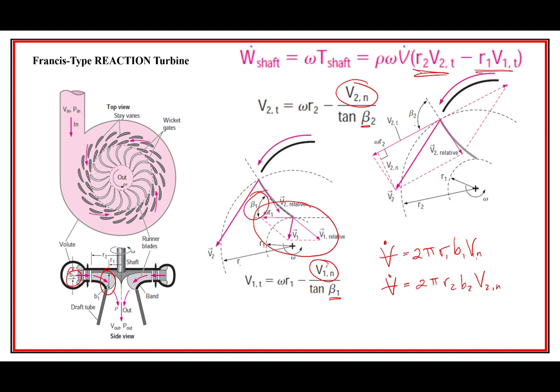So you can see that beta 1 and beta 2 are related to the angle of this inner blade, right?